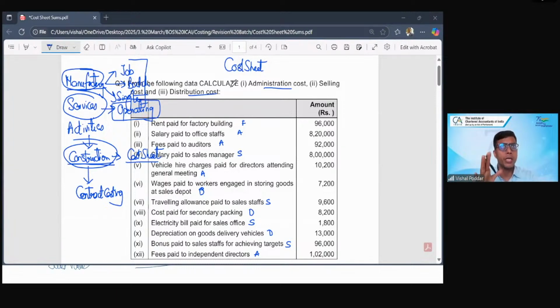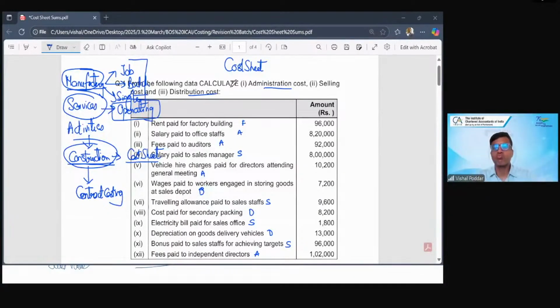This is according to me selling. Distribution is now making the product physically available to the customer. So whatever are your expenses to make your product reach the customer is according to me distribution.